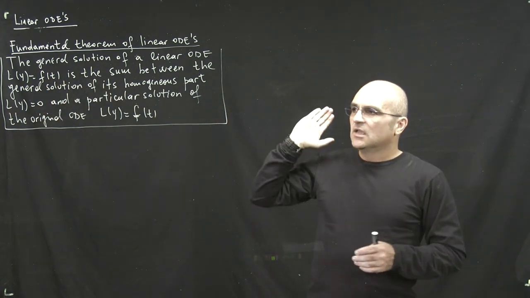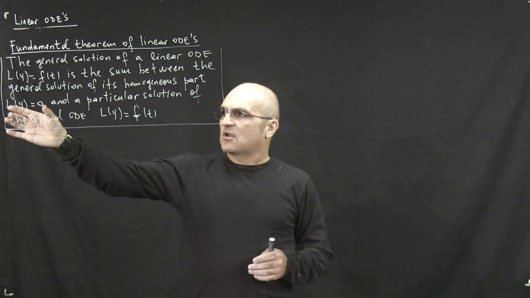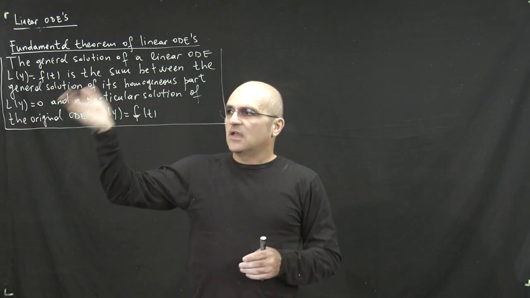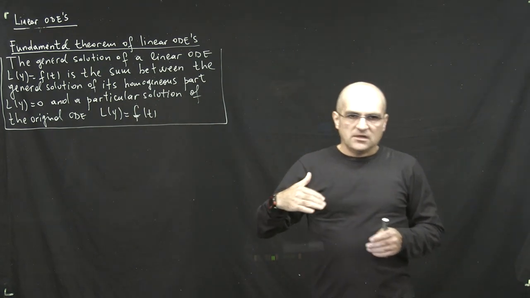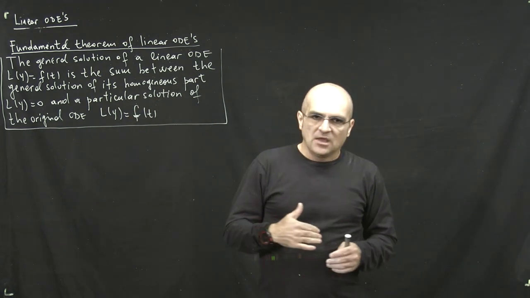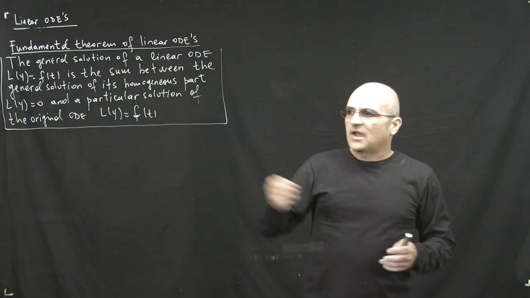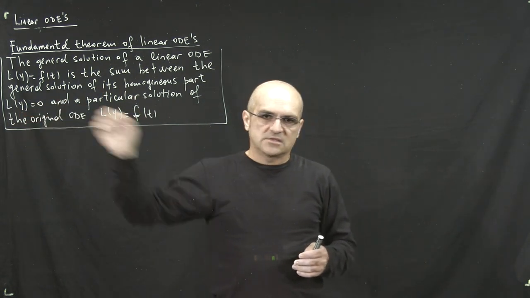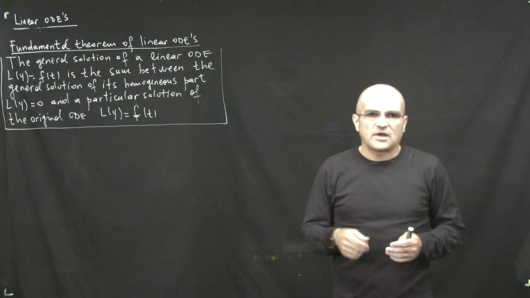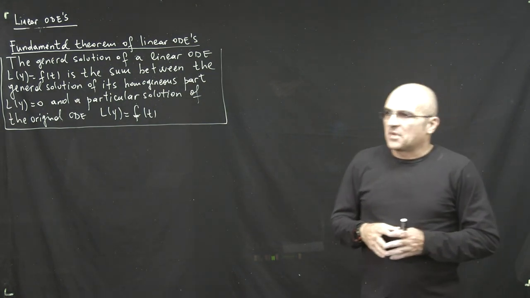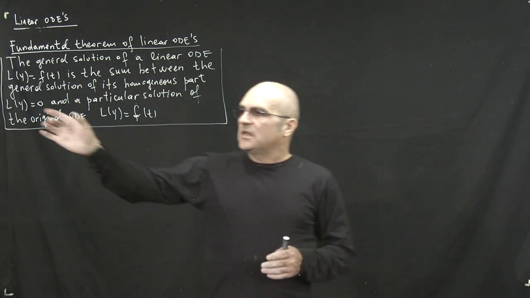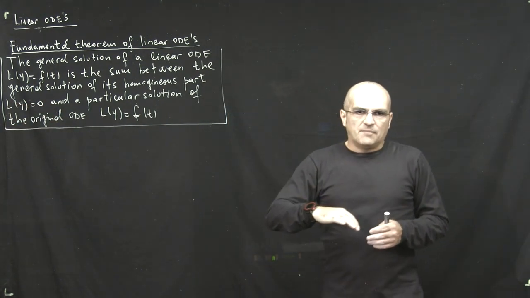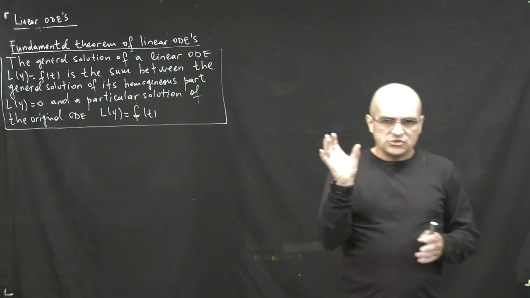So you look at the equation as if it's homogeneous, ignore f of t for a while, and then try to solve completely this homogeneous part. And you know already how many solutions you need to provide. Remember, that's from a vector space, so depending on the order of that equation, you may need to provide one, two, or more independent solutions. But bottom line, one needs to solve completely the homogeneous part to find the general solution of that homogeneous part.